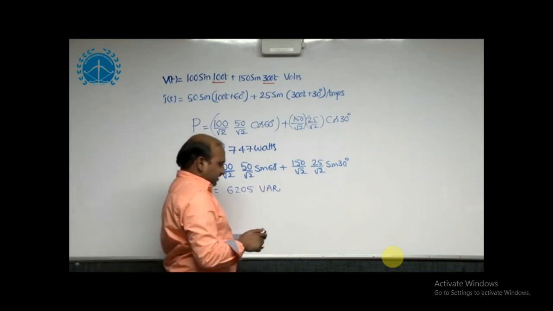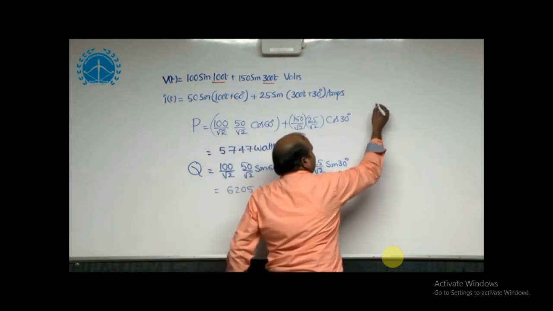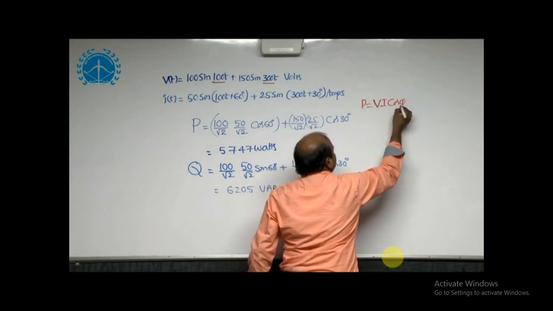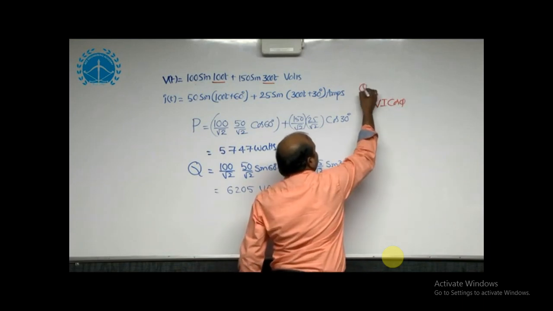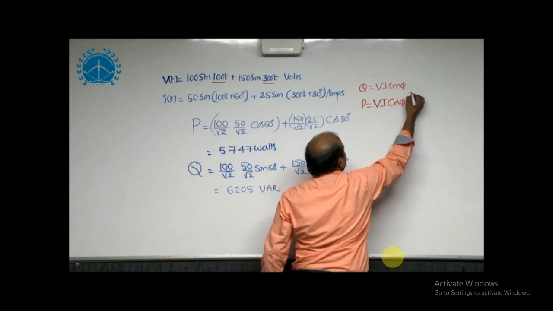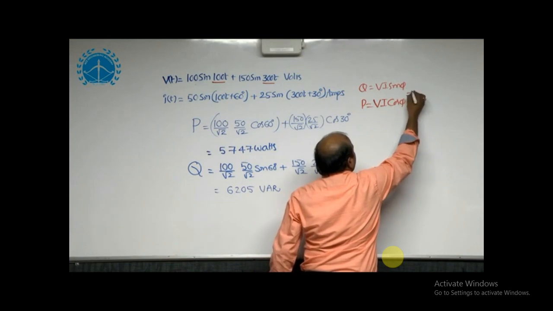Once you get the total active and reactive power, I can define total active power P is equal to VI cos phi and total reactive power Q is equal to VI sin phi. From that, I can get the tan phi value.